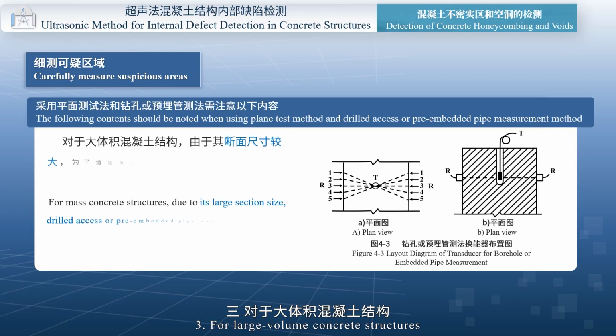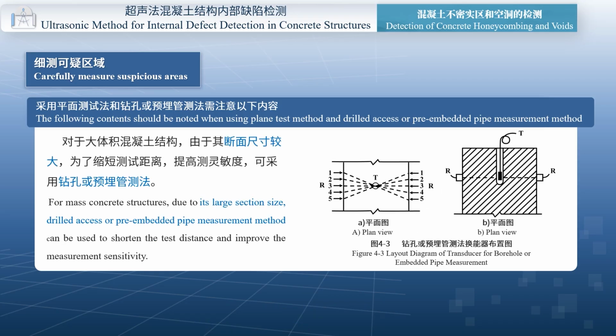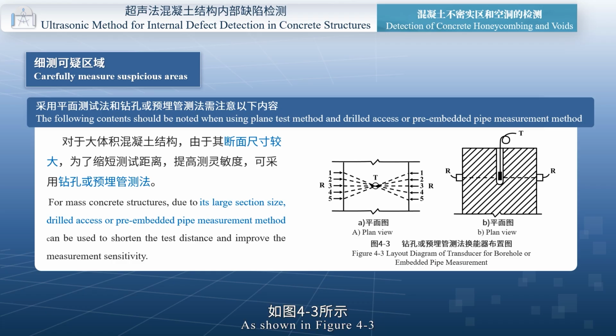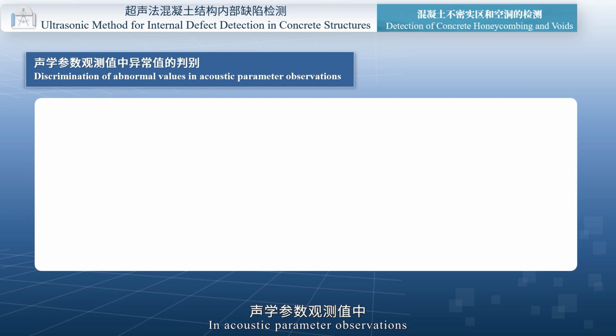Third, for large volume concrete structures, due to their large cross-sectional size, to shorten the testing distance and improve measurement sensitivity, drilling or embedded pipe measurement methods can be used, as shown in figure 4-3. Step 3. In acoustic parameter observations, identify abnormal values.